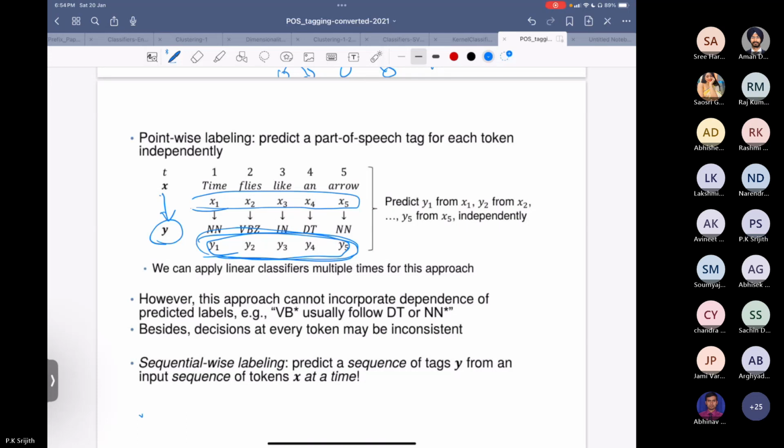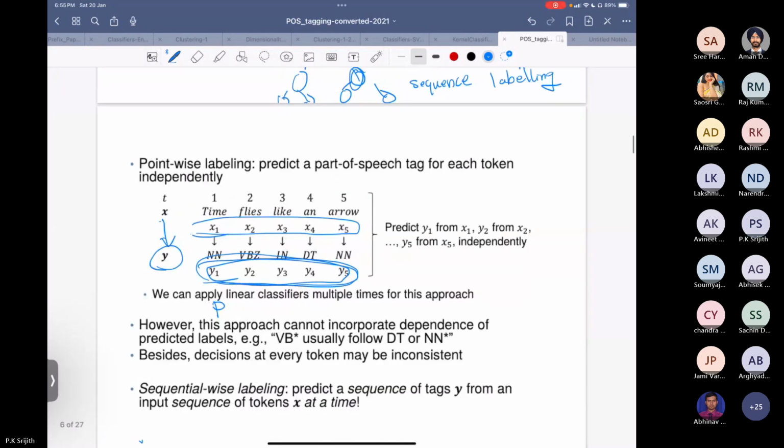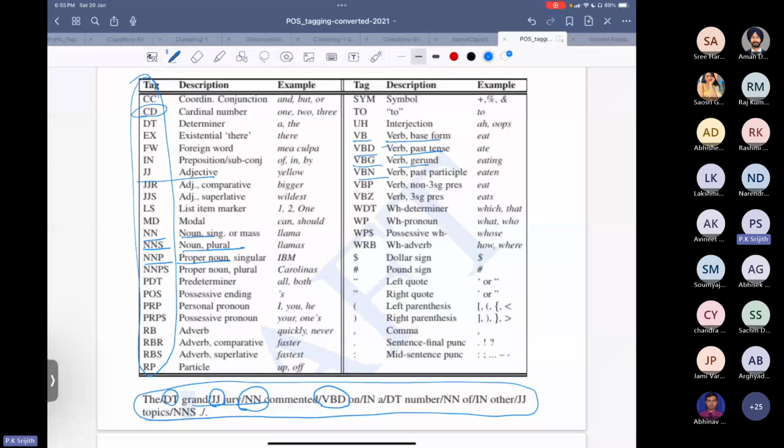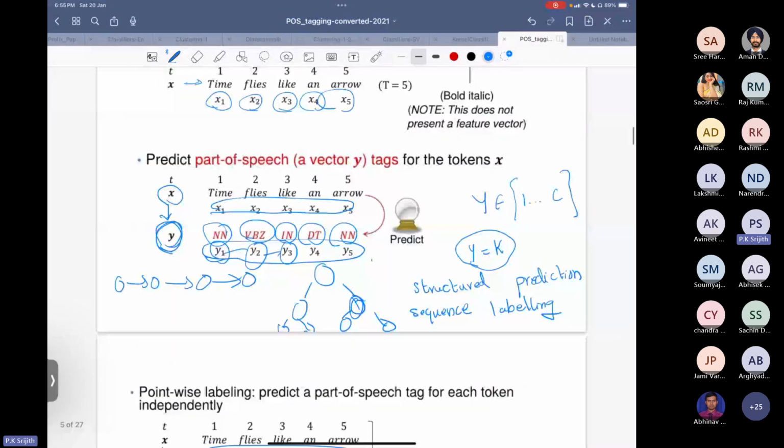Let us assume that the number of different part of speech tags that can be assigned to a word is P. If you look at this table, all these are the possible part of speech tags, and typically that number is something like 50. So your P is equal to something like 50.